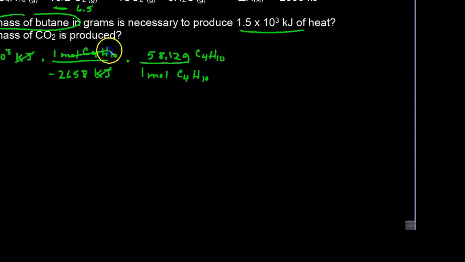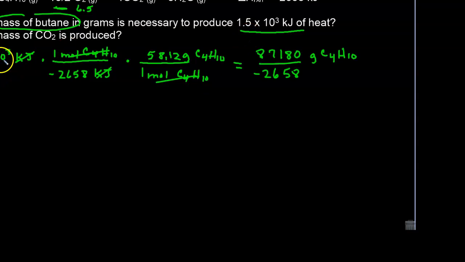And again that's going to cancel, so be sure you check my calculations also. And that's all I needed: what mass of butane in grams is necessary to produce. So I started with what I was going to produce. I know my mole to kilojoules, 1 mole produces this much. And then I need mass instead of moles. So let's go ahead and run through our calculations.